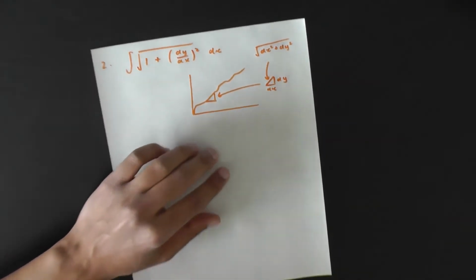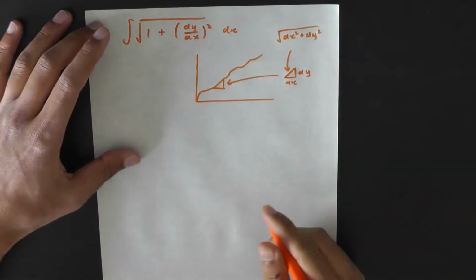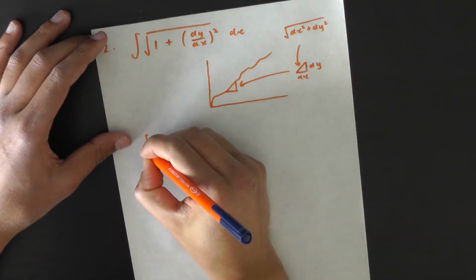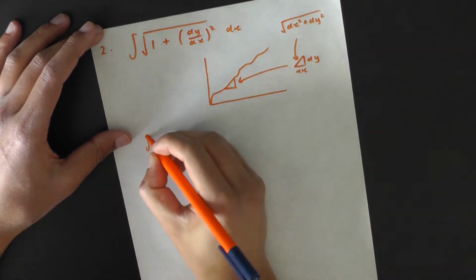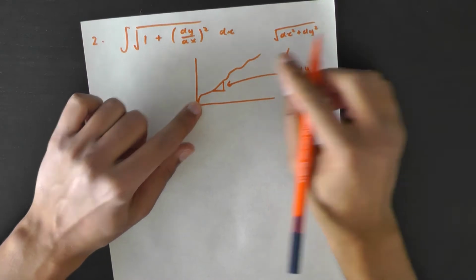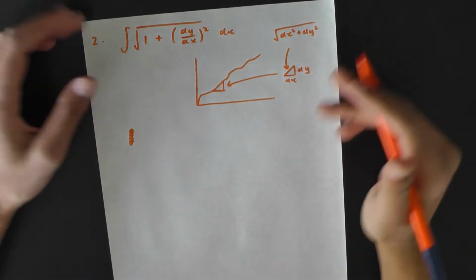Then what this integral does is sum these tiny little things across the entire curve. Now you actually have to define two points that you want to do it between, obviously, because otherwise you're going to be integrating forever. You're not going to get an answer.